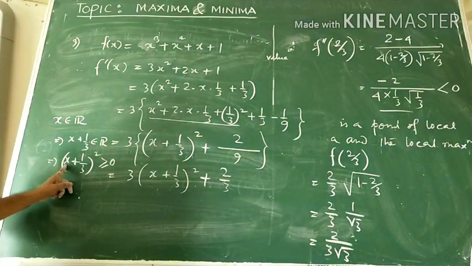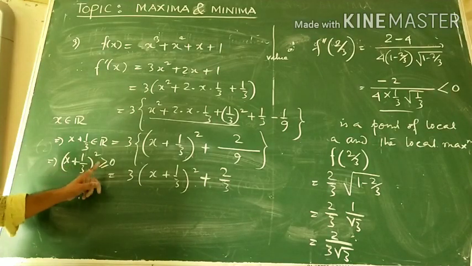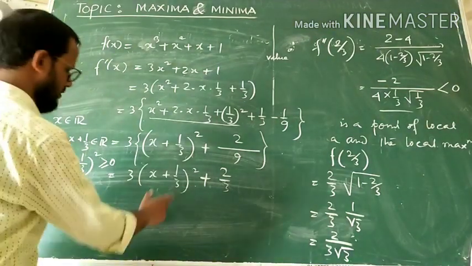It is equal to 0 when x is equal to minus 1 by 3, otherwise it is positive. That means this quantity is always greater than or equal to 0.